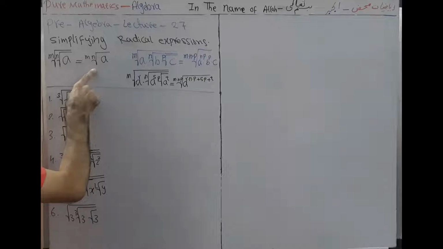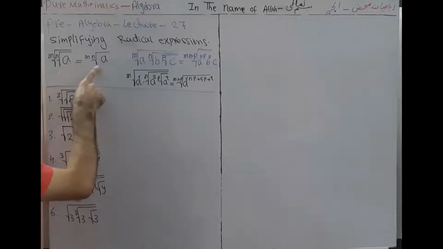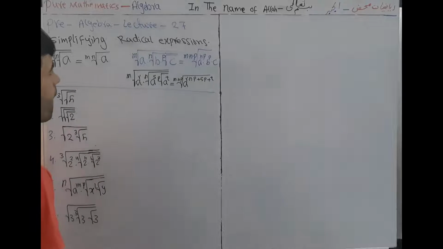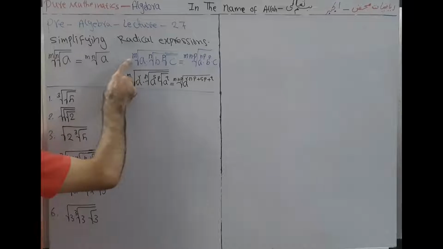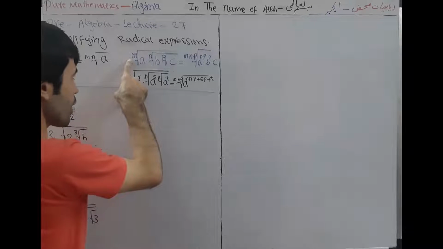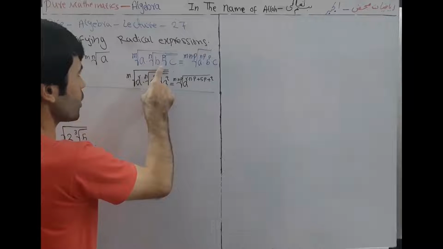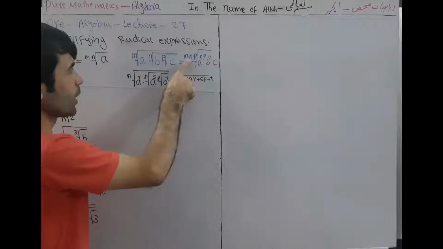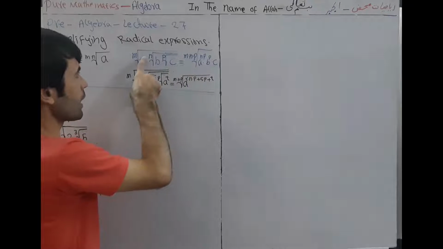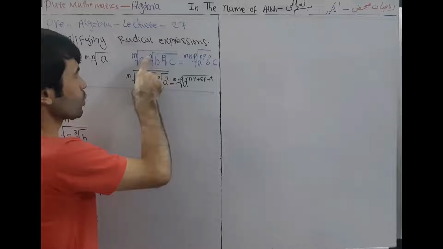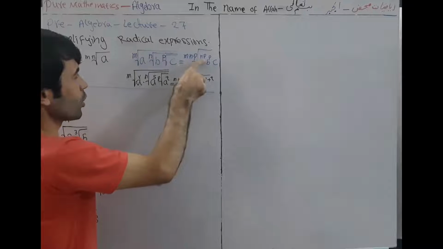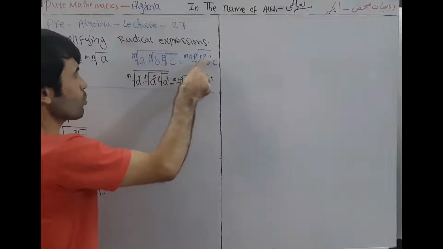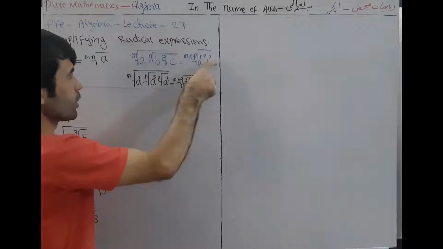If we have this kind of root, we multiply the indices: m multiplied by n root of A. Another one, if we have m root of A into n root of B into p root of C, it is equal to, we multiply all the indices, we write one root, and we write A as a power of A, B also to the power of its own exponent, C itself.